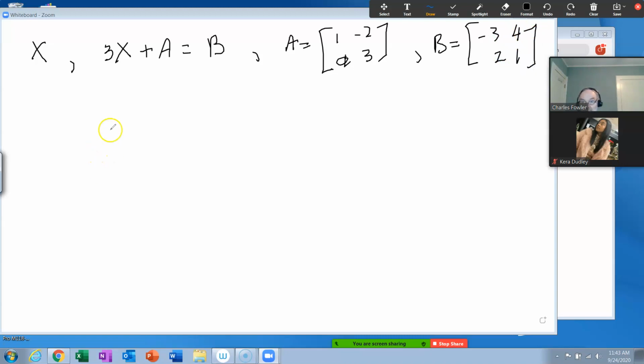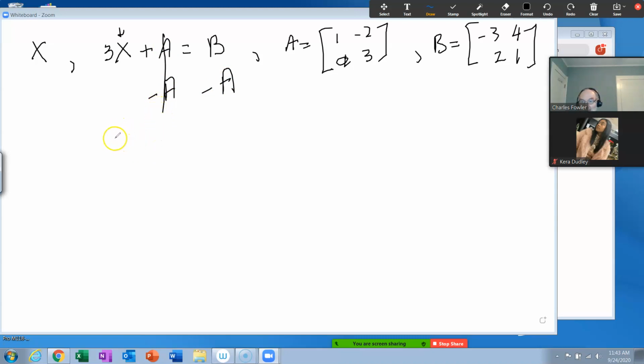Now, if you're looking for X, that's what we're trying to find. What we're going to do is subtract matrix A from both sides because they are the same size. You can subtract them. Okay. This adds to the 0 matrix here by the second principle we did before.